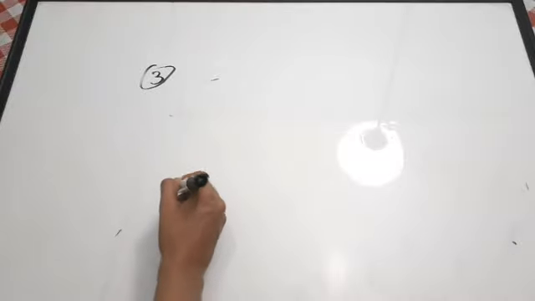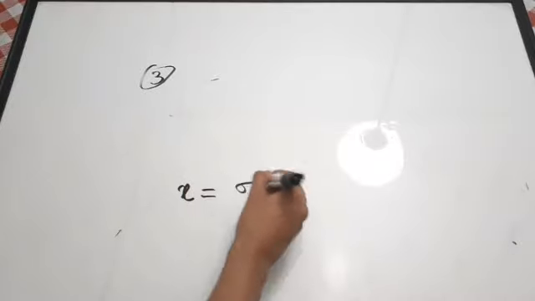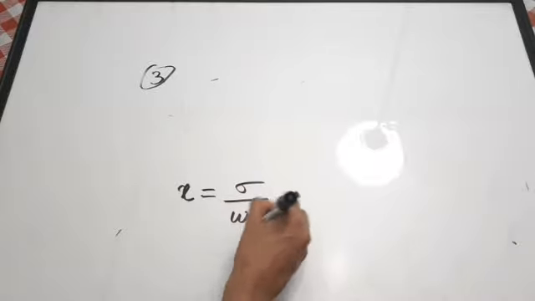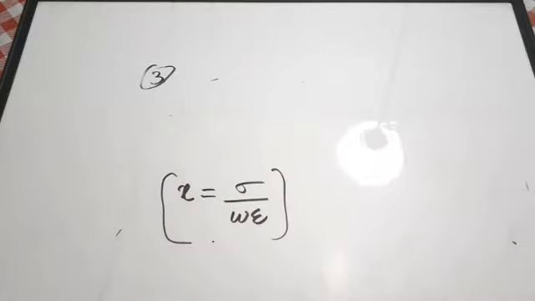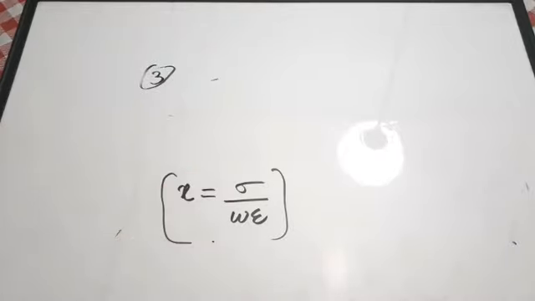Now, what is the expression for loss tangent? You call loss tangent by variable x. That is sigma by omega epsilon, your loss tangent. So you need to find the loss tangent, which is sigma by omega epsilon. Now, in this question, what details are given to you?